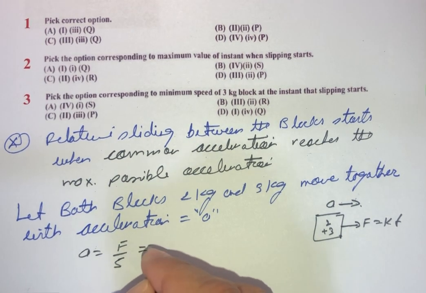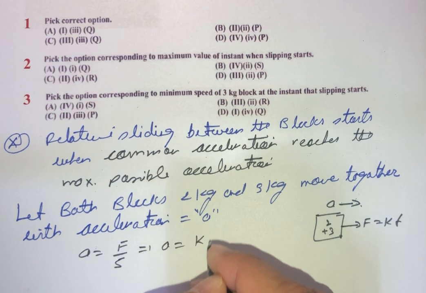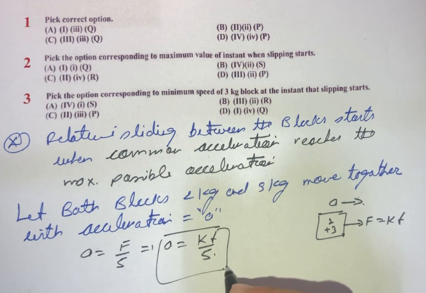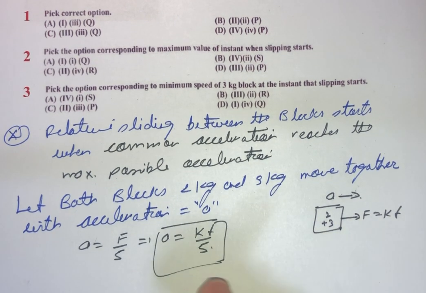So our acceleration A is equal to kt divided by 5.